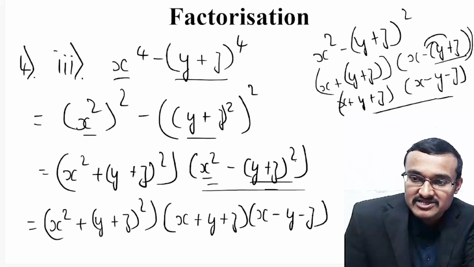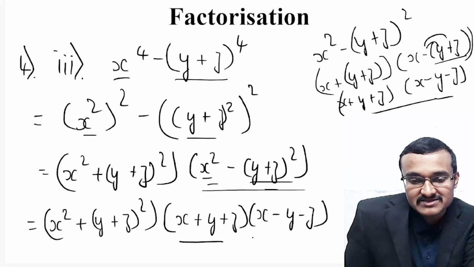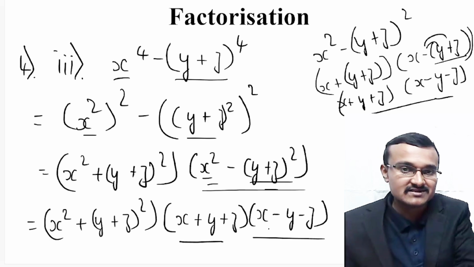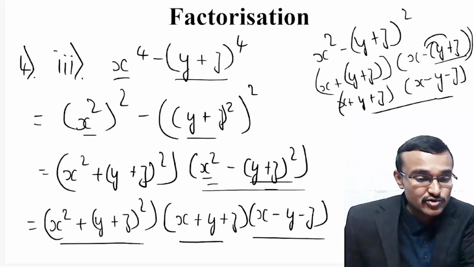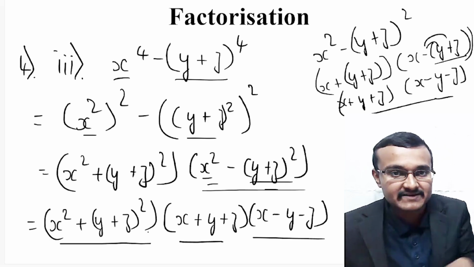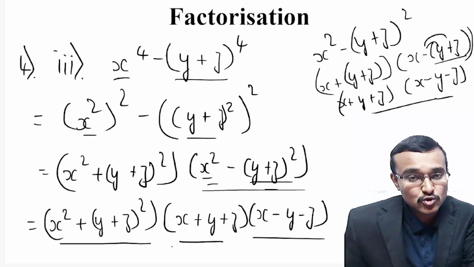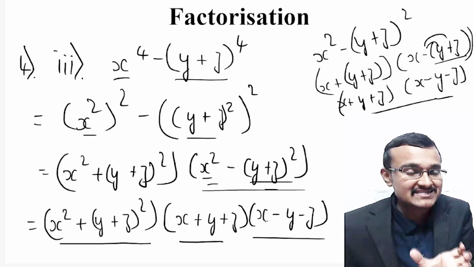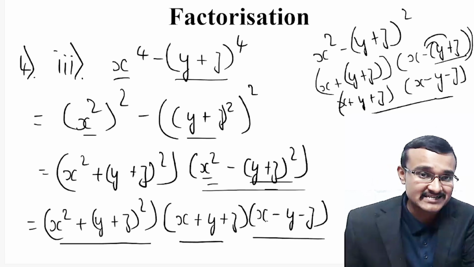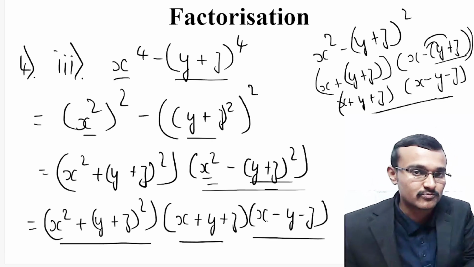So this equation I have written here, x plus y plus z into x minus y minus z into (x square plus (y plus z) whole square) will also be there. So (x square plus (y plus z) whole square) into (x plus y plus z) into (x minus y minus z) acts as the factors for this particular x power 4 minus (y plus z) whole power 4.